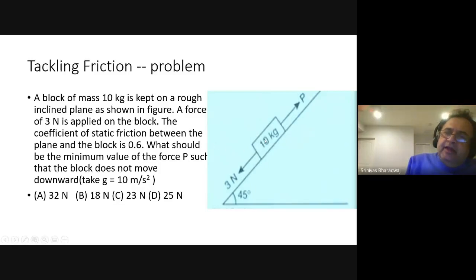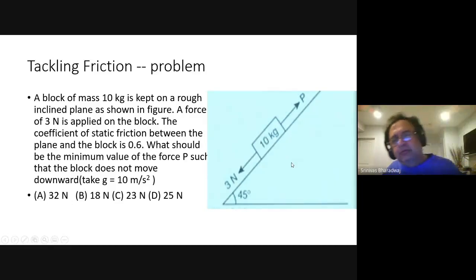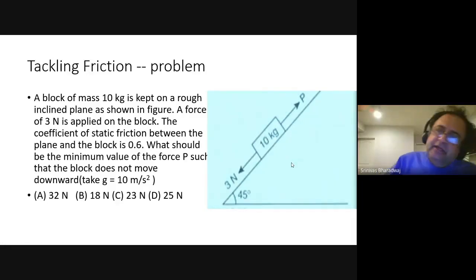So what is N? What are the forces in this direction? There is the component of gravity along the inclined plane. What is the normal force? It is equal to the component of gravity perpendicular to the inclined plane.